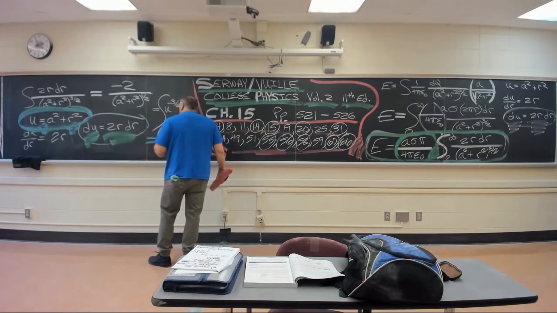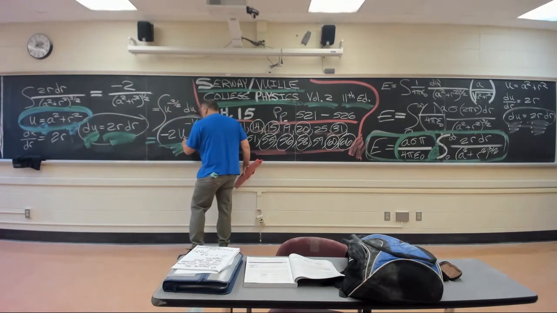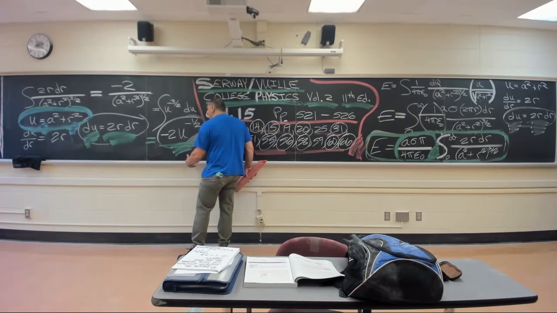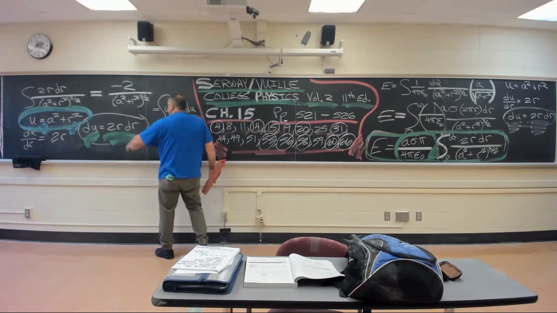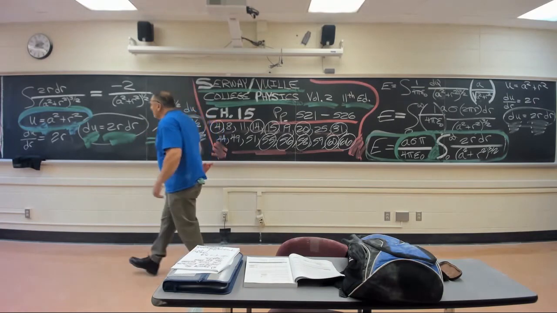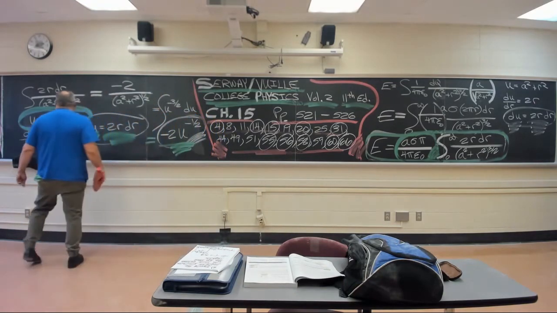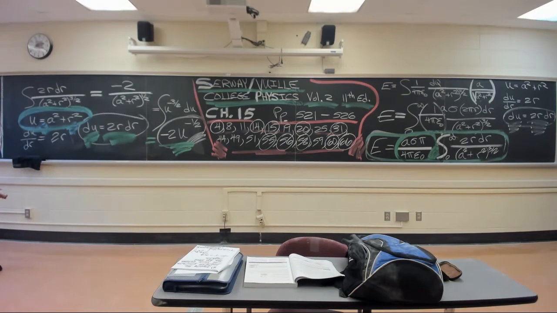So u to the -1/2 is a squared plus r squared to the -1/2. That is a squared plus r squared on the bottom to the 1/2 power, or the square root of it. Yeah, it sure makes a lot of sense. If you were going to get the derivative, here's proof that it actually makes sense.